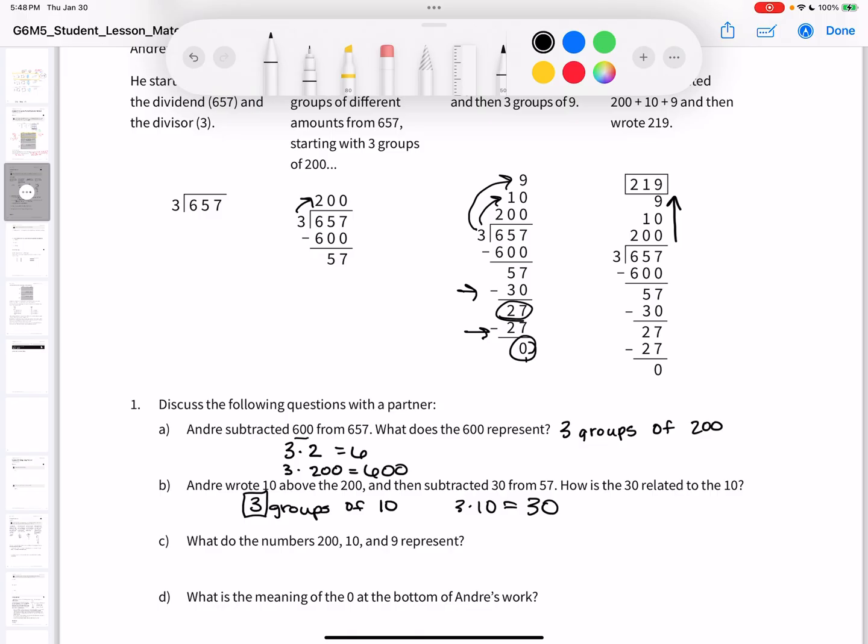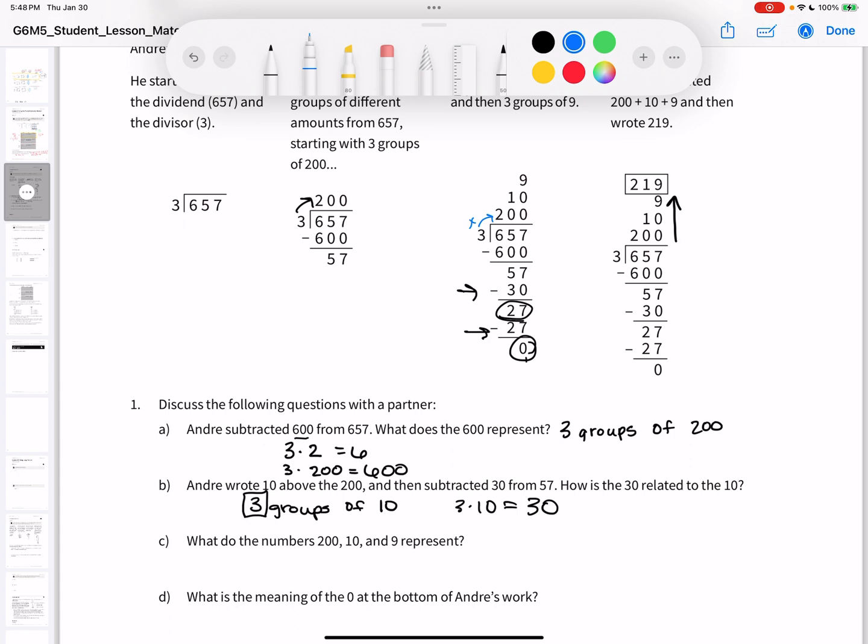What do the numbers 200, 10, and 9 represent?